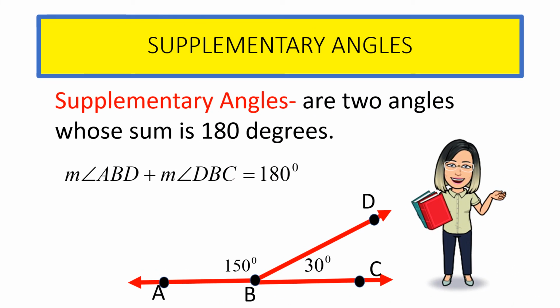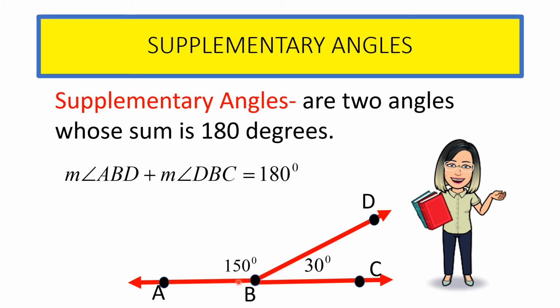So we have supplementary angles. Supplementary angles are two angles whose sum is 180 degrees. We have angle ABD. The measure of angle ABD is 150 degrees. We have angle DBC. The measure of angle DBC is 30 degrees.